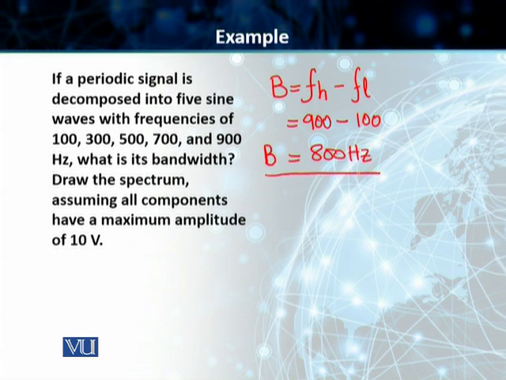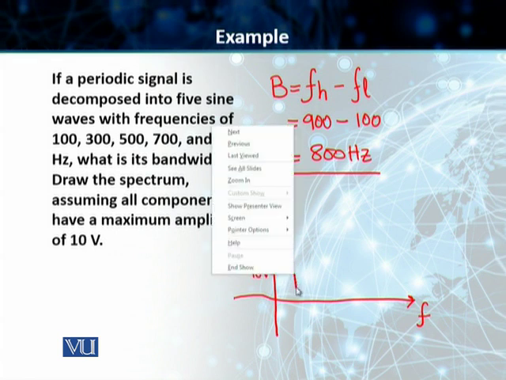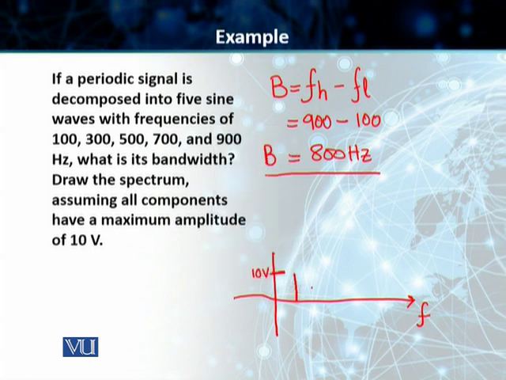Now, the second part of the question is that we have to draw this composite signal, assuming that the amplitude is 10 volts. So let's do a frequency domain plot, students. In this particular case, what we have is an amplitude on the y-axis of 10 volts, and then we have got frequency on the x-axis. So basically, if we need to draw it, then our first frequency was 100 hertz.